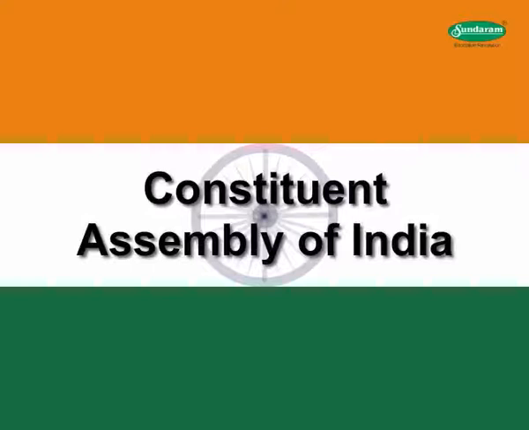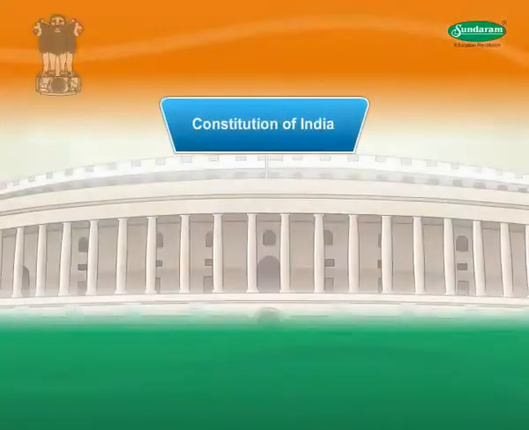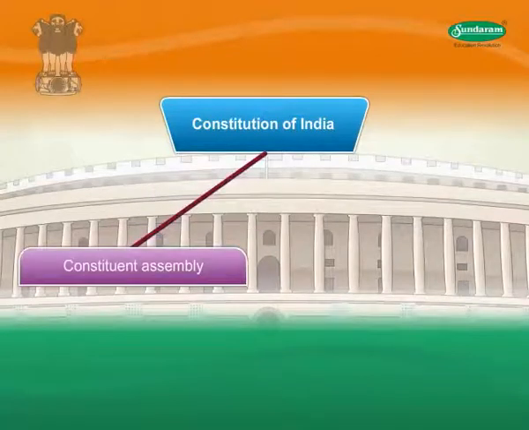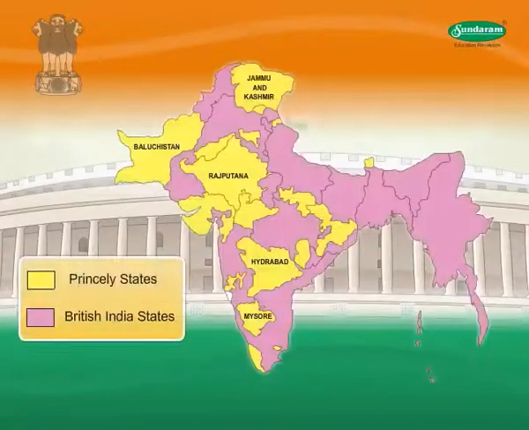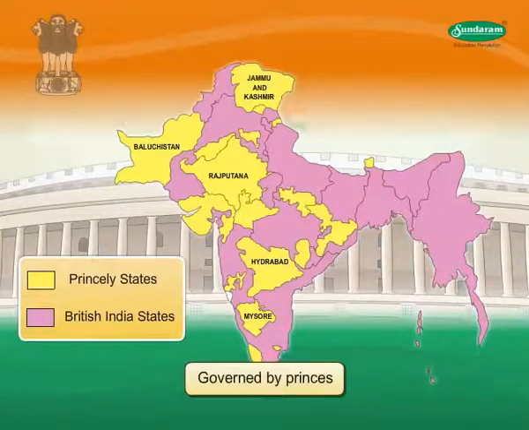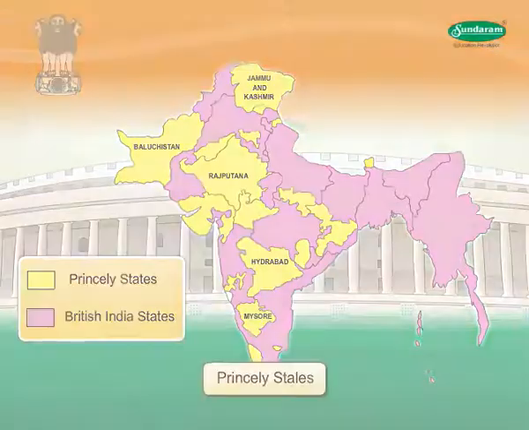Constituent Assembly of India. The Constitution of India was framed by a Constituent Assembly. It was set up under the Cabinet Mission Plan of 1946. At the same time, some of the states in India were governed by princes and were known as princely states.